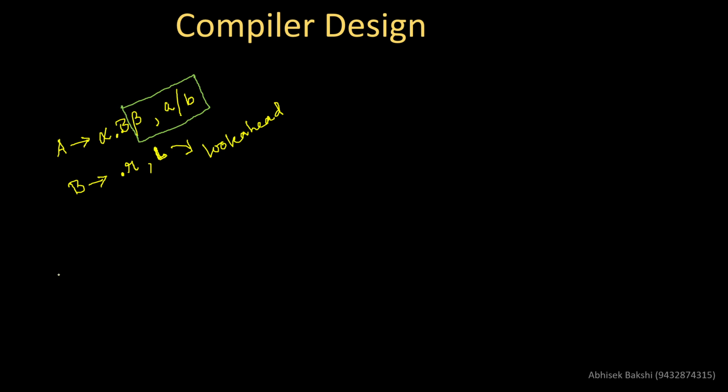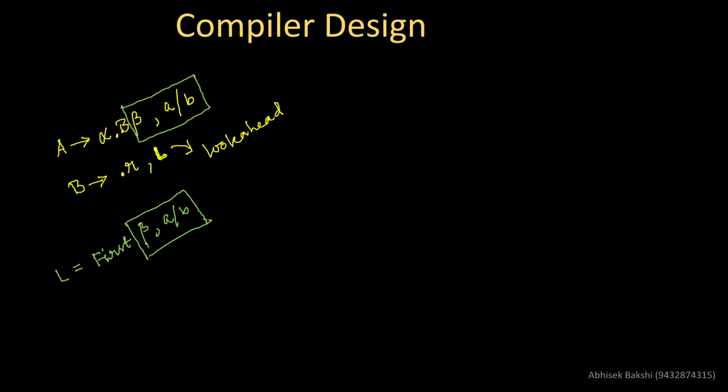So L you can consider as first of this, beta followed by a or b, the whole part. First of this means what? Obviously first of beta, comma a or b, means first of beta.